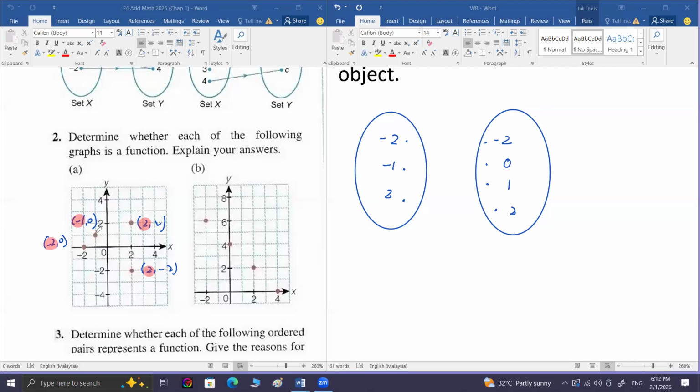And then you see the y-axis. Sorry, I think I made one mistake. This is -2, 0. This one should be -1, 1. Okay? This one is 1.